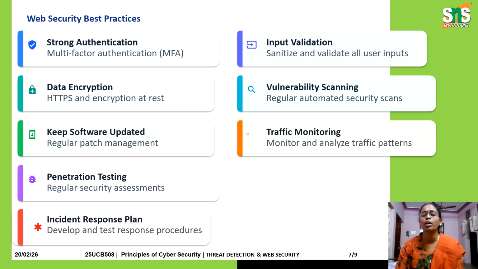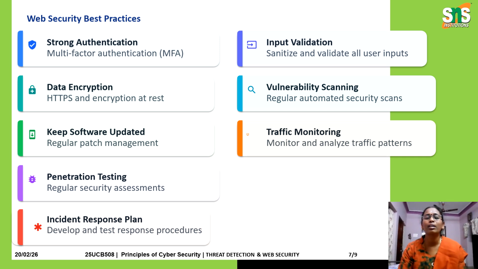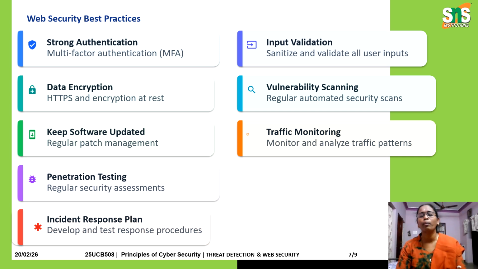Regular automated security scans have to be performed, because after a threat or attack has happened, we cannot prevent the data from getting corrupted. The next one is traffic monitoring: monitoring and analyzing traffic patterns. We have to know how we are monitoring and processing to get the data for private access.